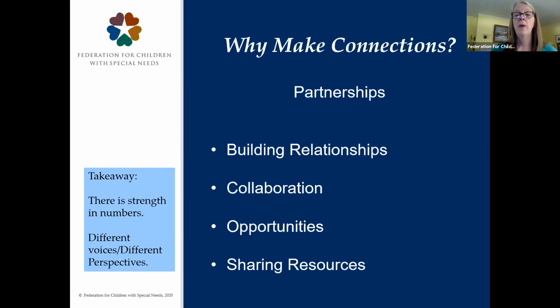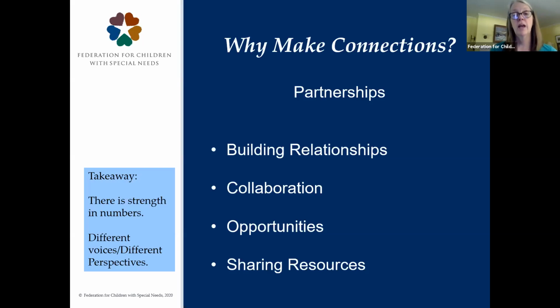If a SEPAC can work with a music group and maybe get a sensory-friendly performance of a student group for students in the community, I think that would be a really great idea. But you have to kind of connect, get together, and build those relationships so those opportunities happen, and share some resources.